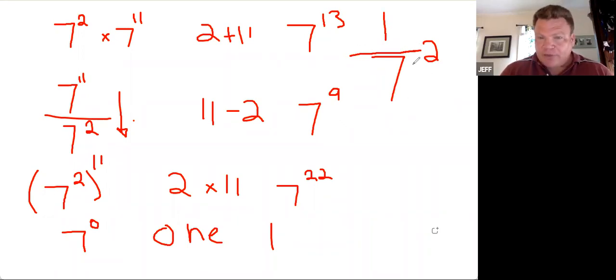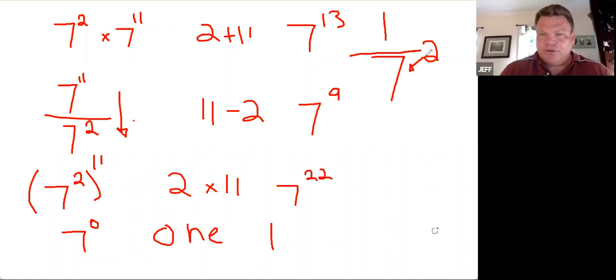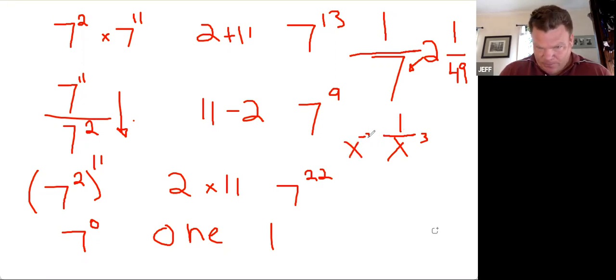And if there is math, the exponent still goes to that bottom number. So that would end up being 1 over 49, because there's math left to do. If it was just a normal letter, we'll drag this and do that.